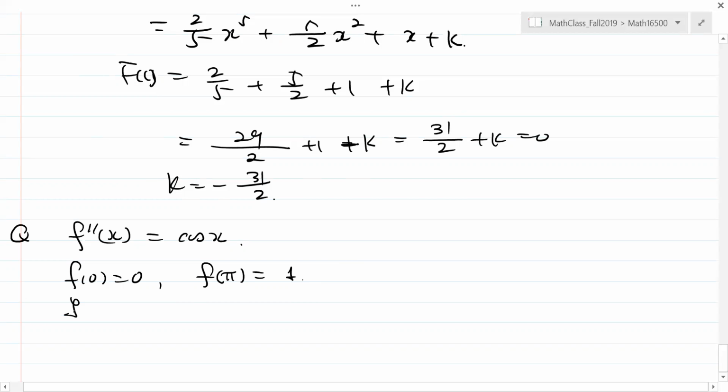Find f of x. Are you able to do that? It does not involve the first derivative, but you need two conditions, at 0 and at pi, then you can uniquely determine the function f of x.